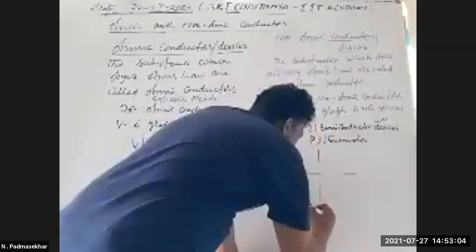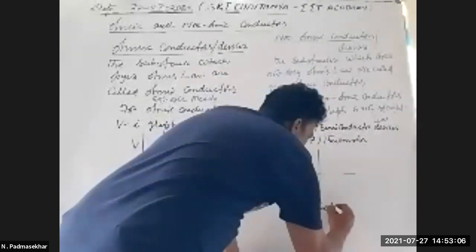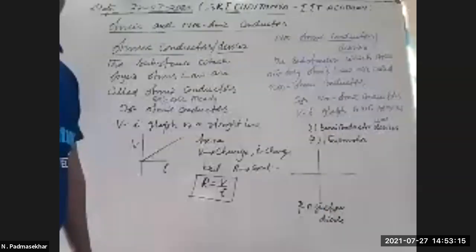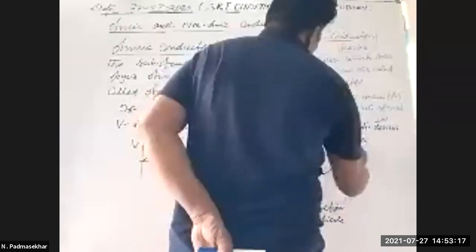Suppose a PN junction diode is there. The graph of the PN junction diode is like this.